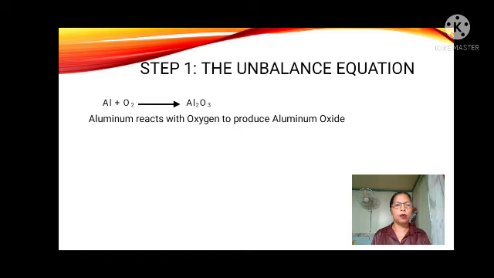Aluminum reacts with oxygen to produce aluminum oxide. In a chemical equation, we have Al plus O2 produces Al2O3. So first, we have to rewrite the equation as shown here. This is now our unbalanced equation.